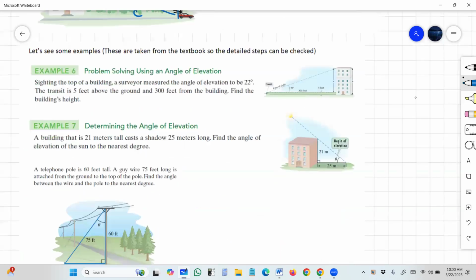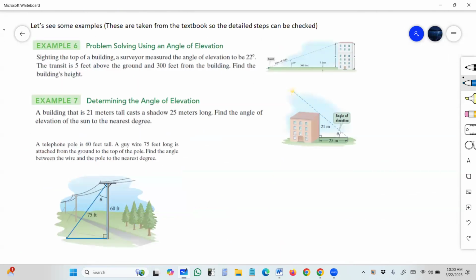And in these three problems, we're going to see that we are either going to be required to find a value or to find an angle. So in example 6, we're going to have to find a value. Example 7, in this one, we're going to have to find an angle. Okay, so these are the two types of questions that you can have on this application dealing with either angle of elevation or depression.